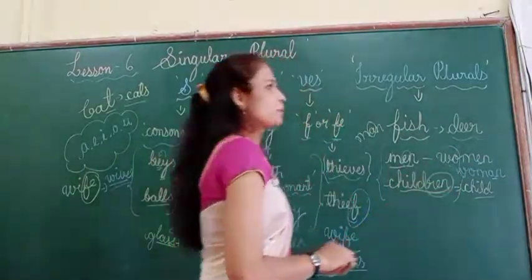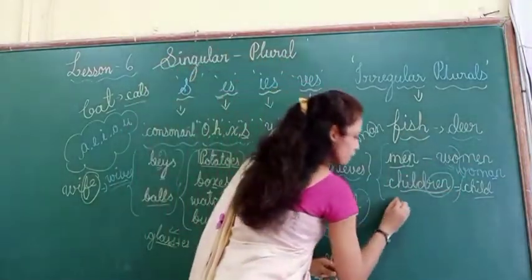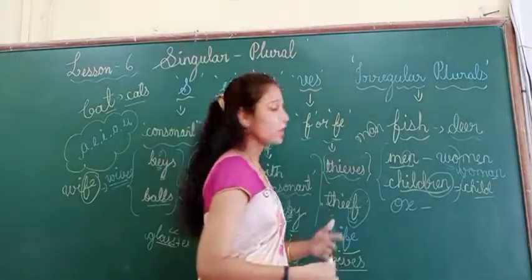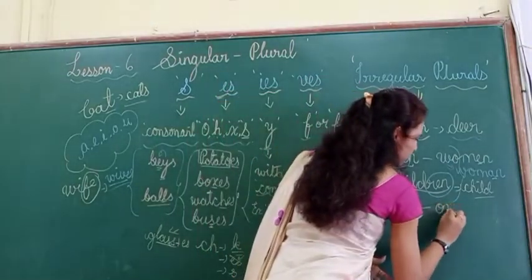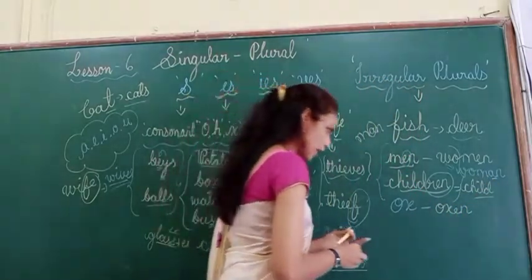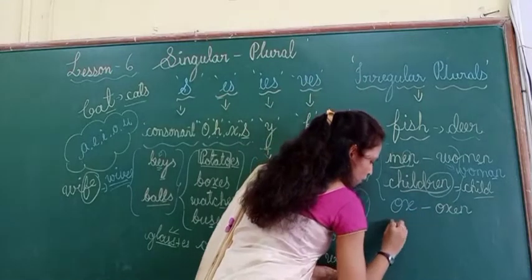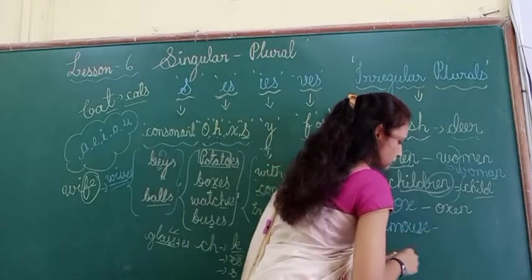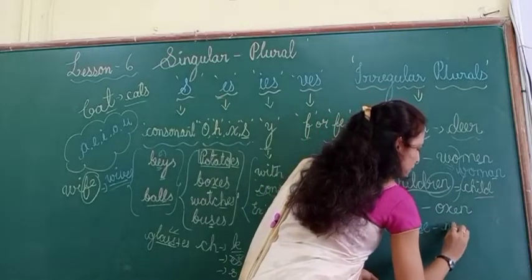One more example I wanted to give is that for ox, we make the plural by adding to make oxen. Okay. And one more word, for mouse, we say mice.